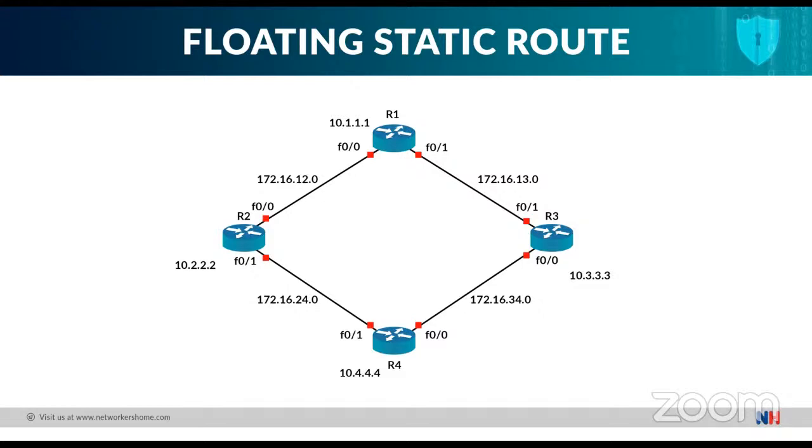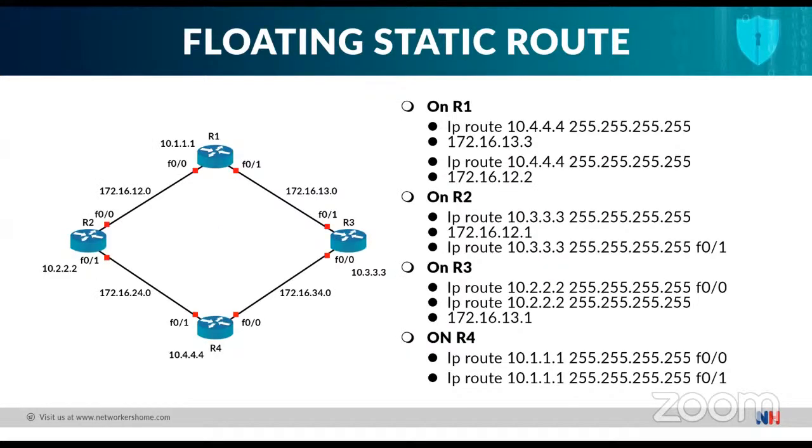Another thing we need to remember: if we have a redundant path and both exit interfaces are there, in that case 13.3 and 12.2 for router 1, for the router 4 loopback, both entries having AD value 1 will work properly. The entry which enters first will get the first preference. Second thing, mentioning the IP address of the next hop router, with AD value 1 and AD value 0, it is going to work.